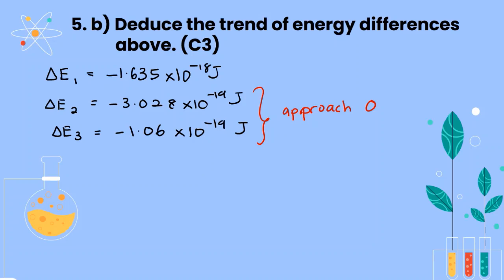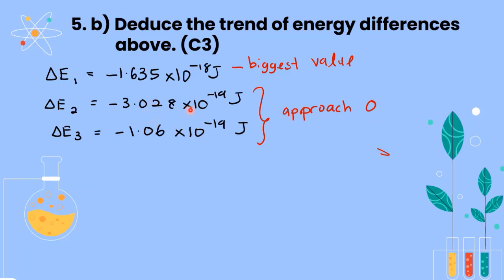Then let's look at the numbers. Before that, this one has the biggest value, and the two values at the bottom approach 0.